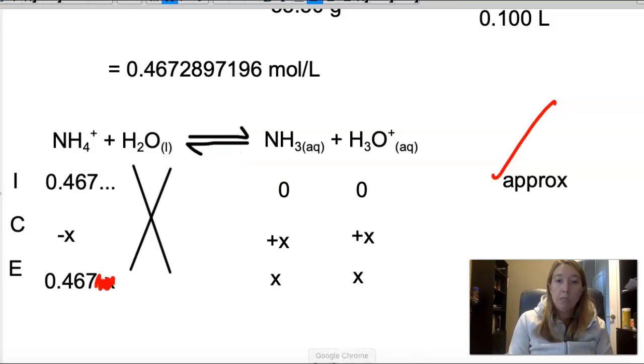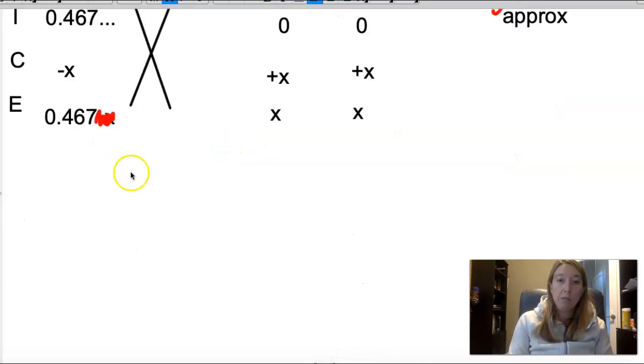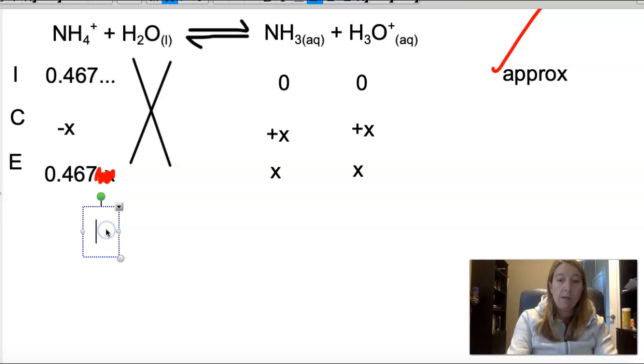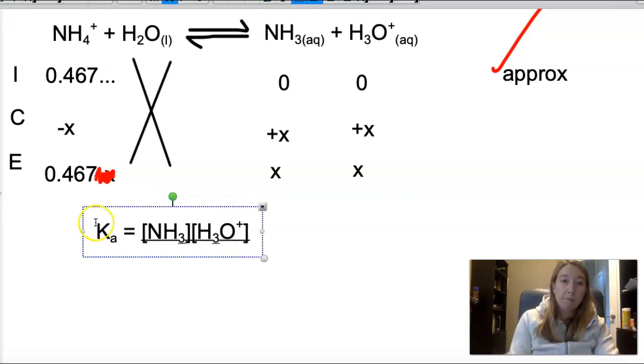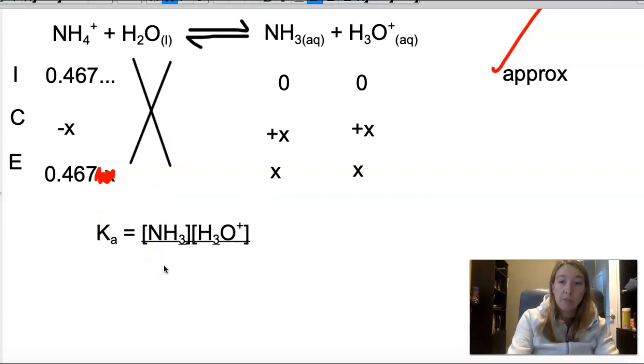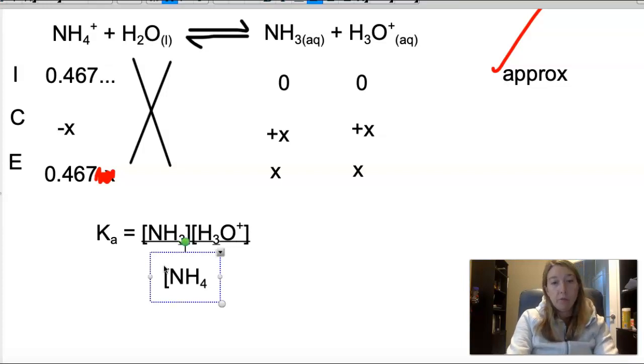Okay, so next thing we need to do is set up our equilibrium law expression. So that is going to be the Ka equals concentration of the NH3 times the concentration of the H3O plus divided by the concentration of the NH4 plus.